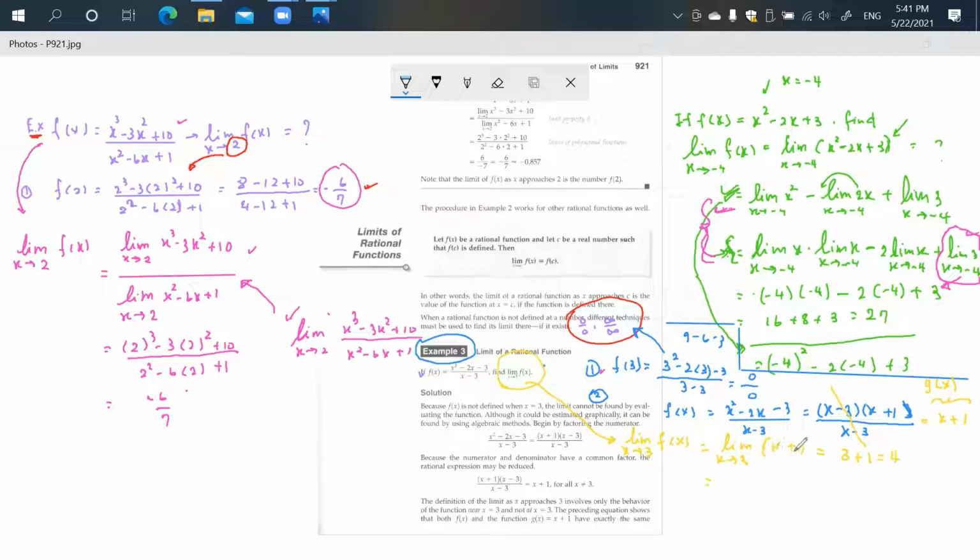Don't forget, once you replace x, the limit notation is gone. You don't need to write it down anymore. You have to get the number right away. So the limit of this function for this question is equal to 4.